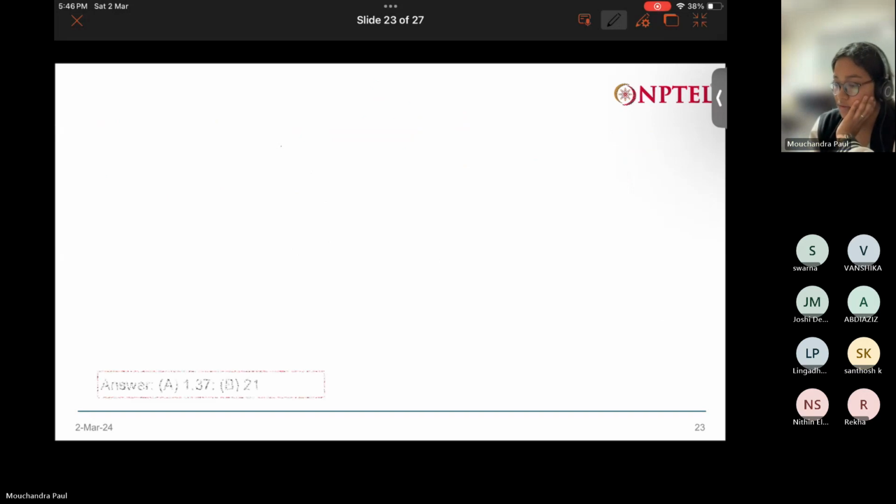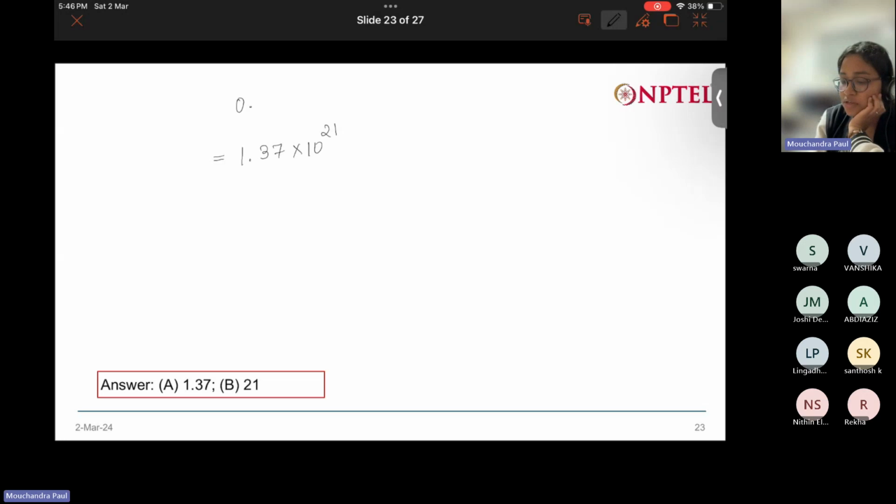Yes. So you should get that. If you multiply with 100 and divide by 100, then you should get 1.37 into 10 to the power 21. So you got 0.0137 into 10 to the power 23, right?